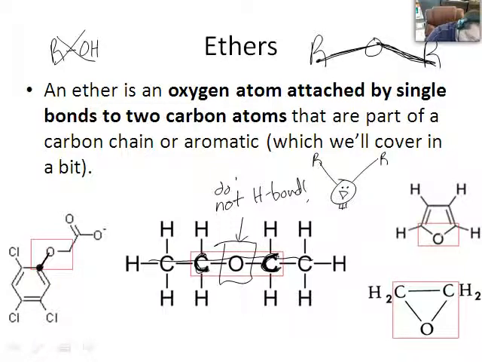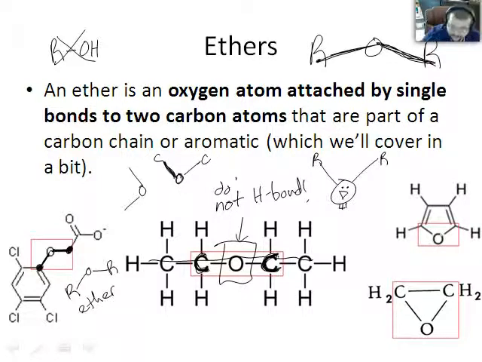We can trace it directly through that oxygen all the way to the carbon on the other side. We have R, O, R. That's what gives us the ether. Now you can see this in any orientation. I could have an ether like this. I could have an ether like this. What matters is I have carbon, oxygen, carbon, all in a line.